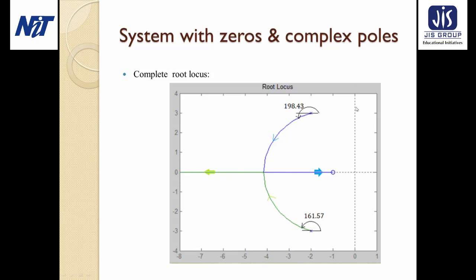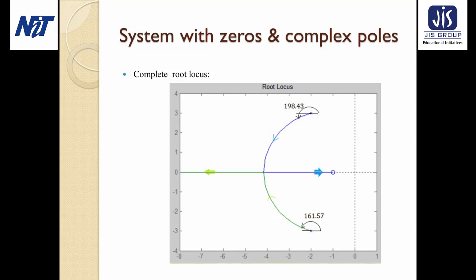That's why it is represented by a dotted line. Now from these two pole locations there will be two branches, and among these two branches one will terminate at the zero and another will terminate at infinity along the asymptotic angle.